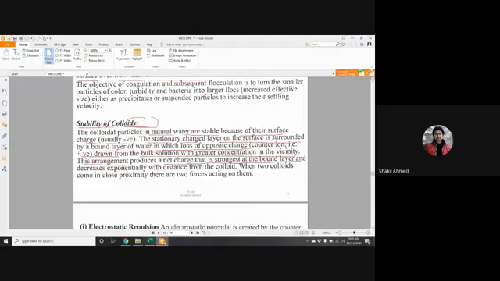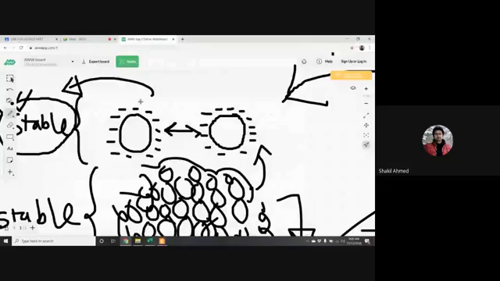So what they are trying to say here is, due to this negative charge, they draw other positively charged species here, and similarly here.